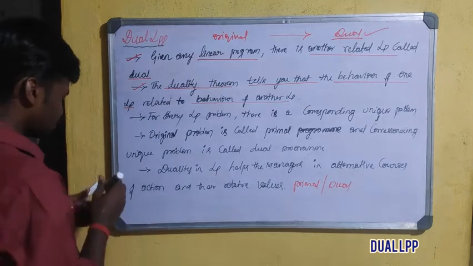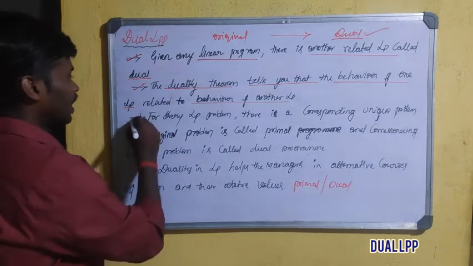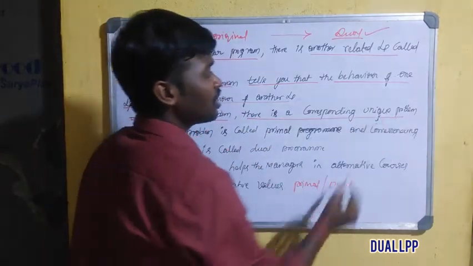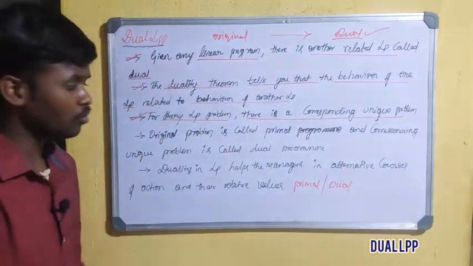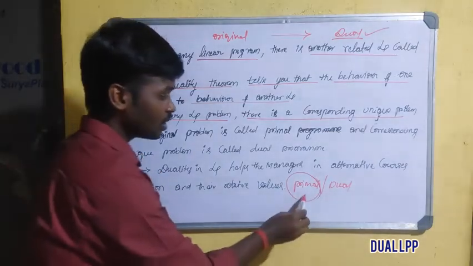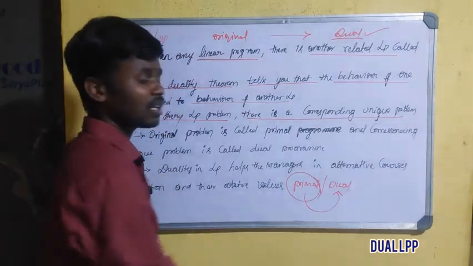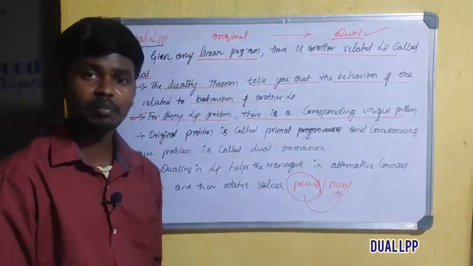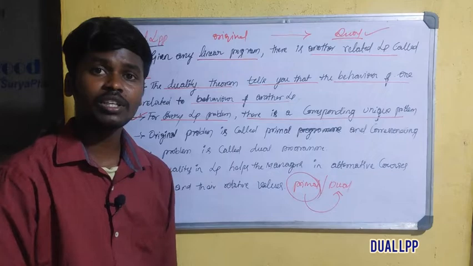Okay, see, for every linear programming problem there is a corresponding unique problem. Yes, of course, for every original problem or primal problem there is a corresponding alternative linear programming problem. So that alternative linear programming problem is called as dual problem.